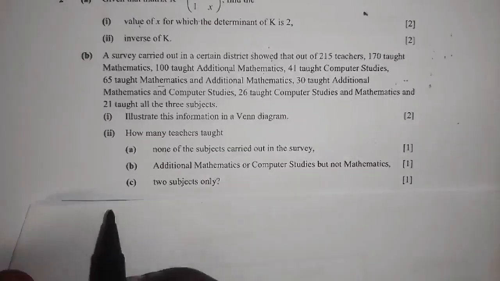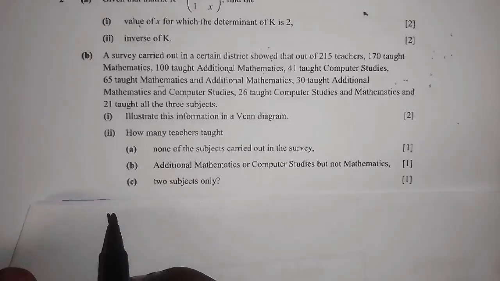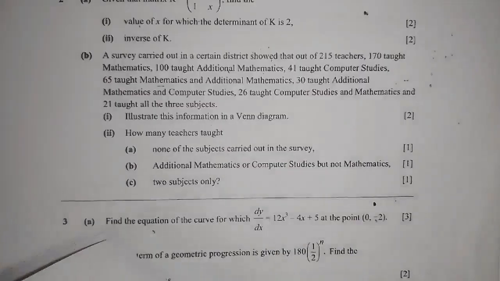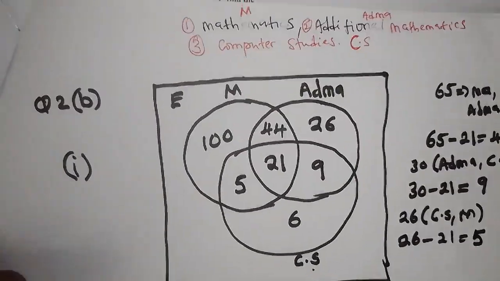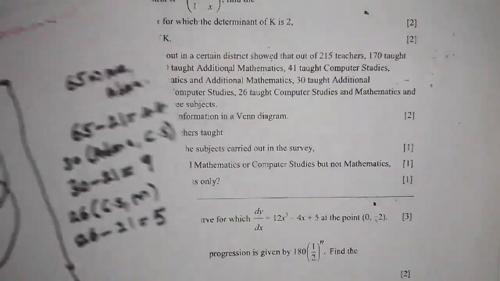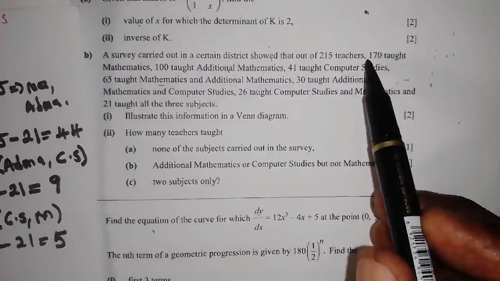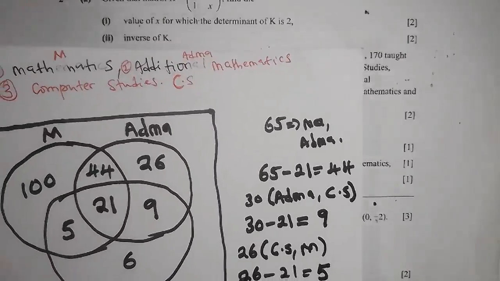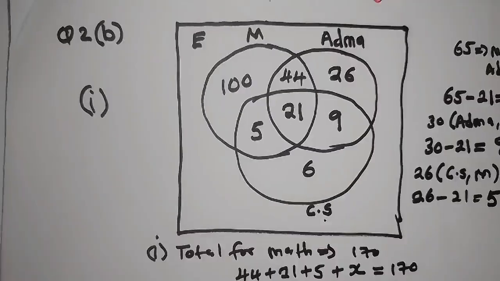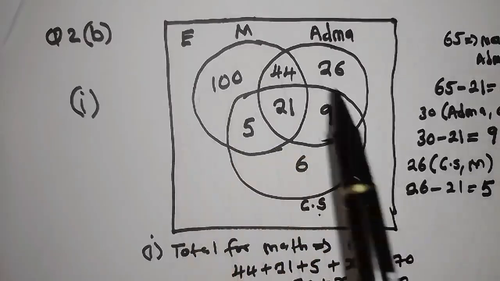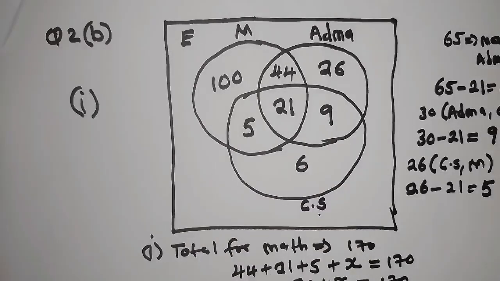Okay, so the last part. Now, before I answer the last part, there is a part that we need to understand for the total, okay? So 215 teachers. Okay, so we have to know how many of them did not teach, okay?